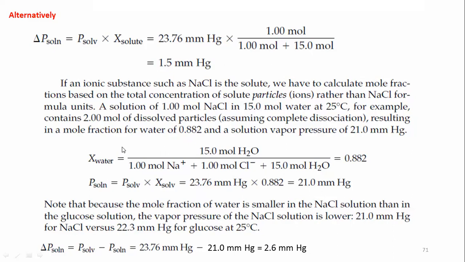So this is all about the calculation of the vapor pressure and understanding the effect of different solutes in the same solvent, and it all depends on the forces of attraction between the solute and the solvent molecules. And these forces we have discussed in one of the previous lectures. So here I am going to end this video and the lecture.